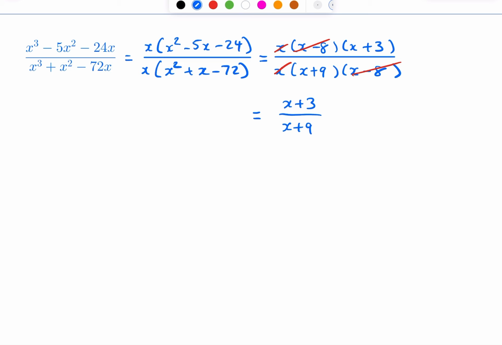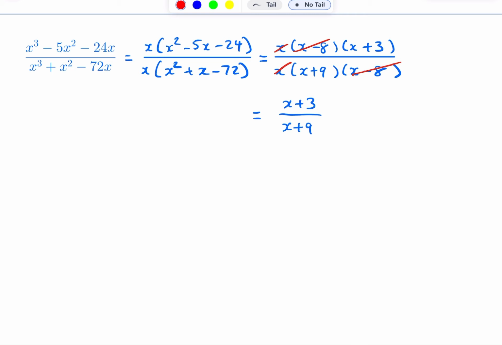And so we would identify the x values that cannot exist. So in other words, if you take a look at this expression here, we would find x values that make this denominator 0. Okay, so if x were 0, this would make the denominator 0. If x were -9, it would make this 0, and if x were 8, it would make this whole thing 0.